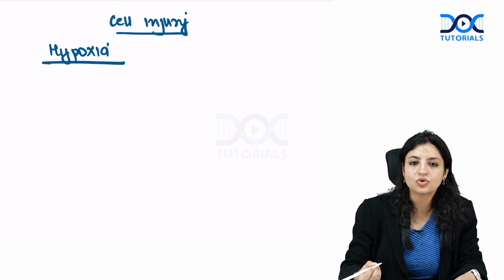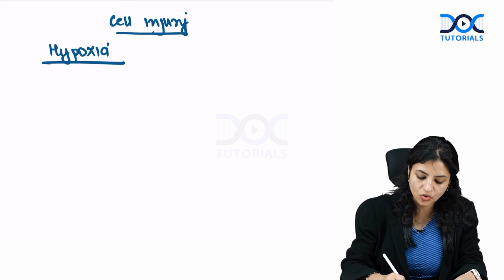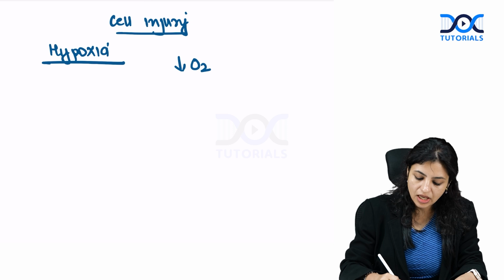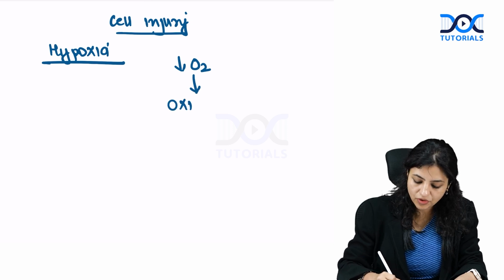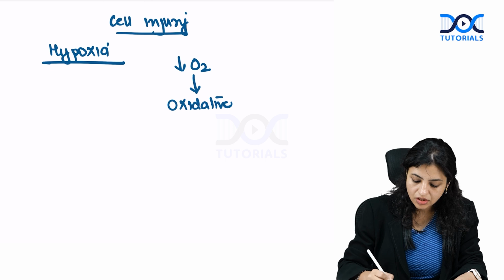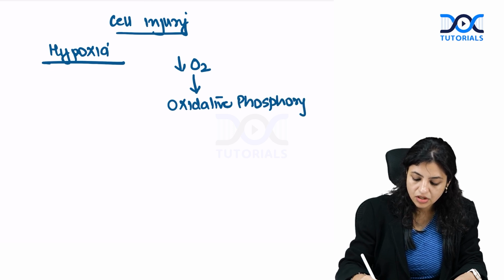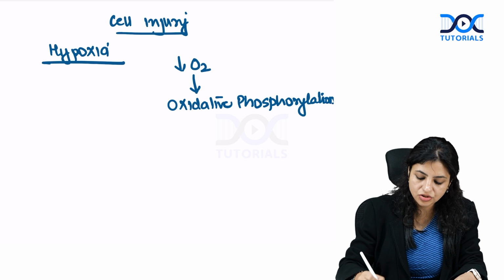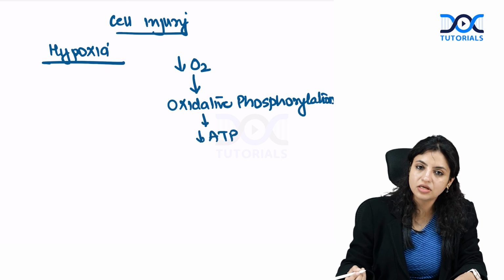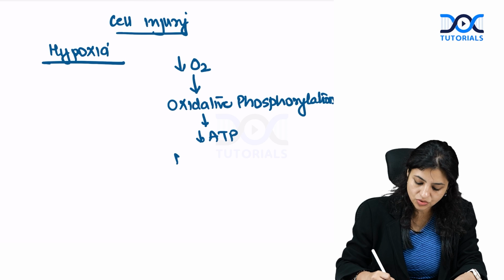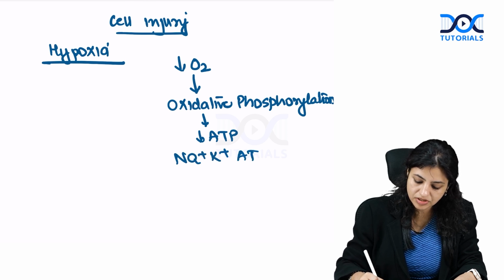As soon as you cause hypoxia, automatically the oxygen is going to reduce, and oxygen is most important for oxidative phosphorylation. Okay, so this is the main mode of respiration. Once the oxidative phosphorylation stops, your ATP is going to fall down. When the ATP decreases, this basically leads to stopping of functioning of sodium-potassium ATPase pumps.